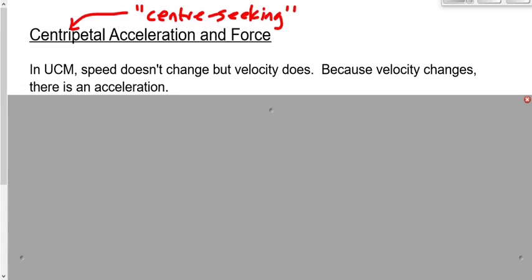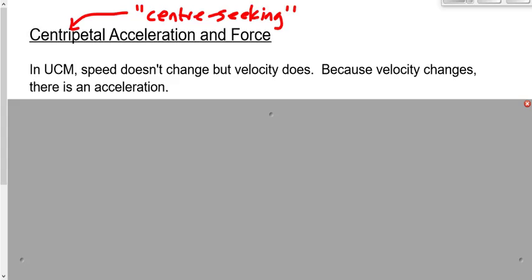In other words, the acceleration that this object going around in uniform circular motion experiences is an acceleration that's directed toward the center of the circle. I know that sounds odd. You're going around in a circle and it's accelerating toward the center of the circle.